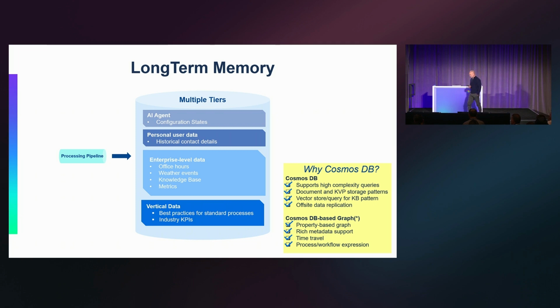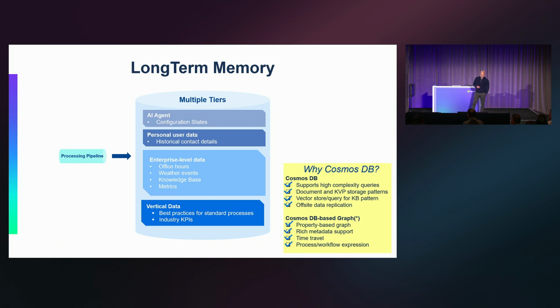I talked about how we use long-term memory to drive enterprise level data. So what pizza promotions are available. That's enabled by the vector store capabilities that James mentioned as well. So we knew that was one of our requirements, and that was a need that Cosmos DB suits us very well. And then offsite data replication, so we can ensure that this long-term data that we've collected is always available for us.